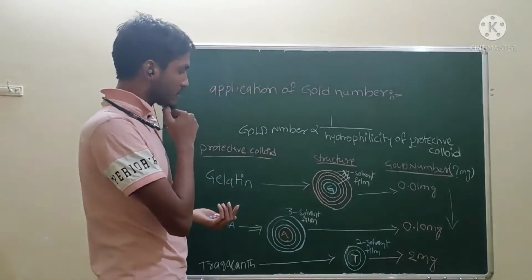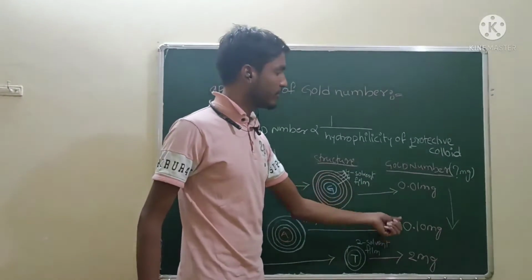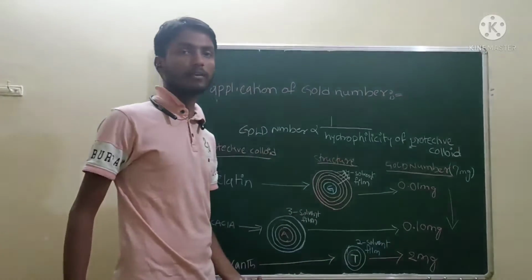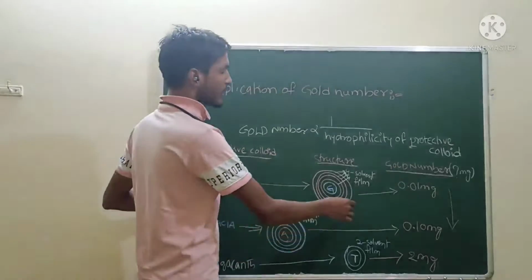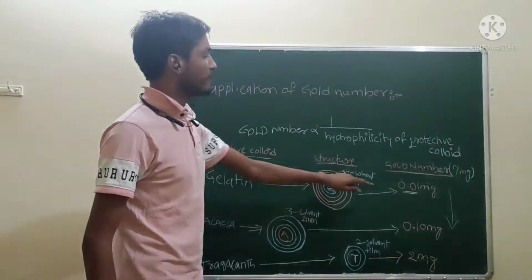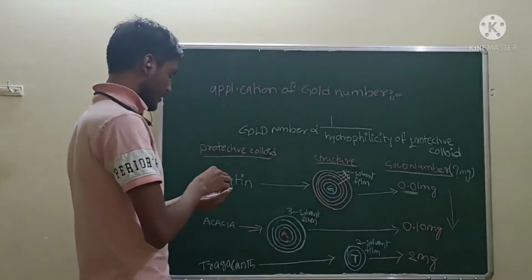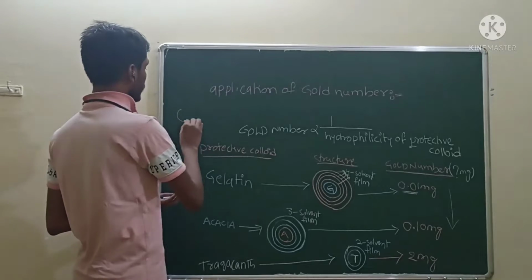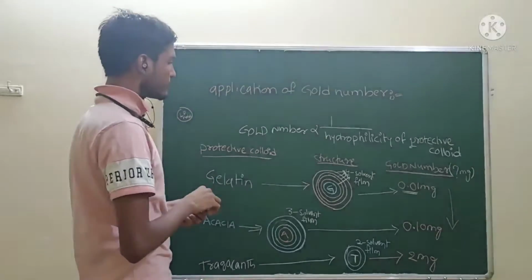If we calculate the gold number, the gelatin has a gold number that is less. Gold number is less means the gelatin will protect this lyophobic particle.